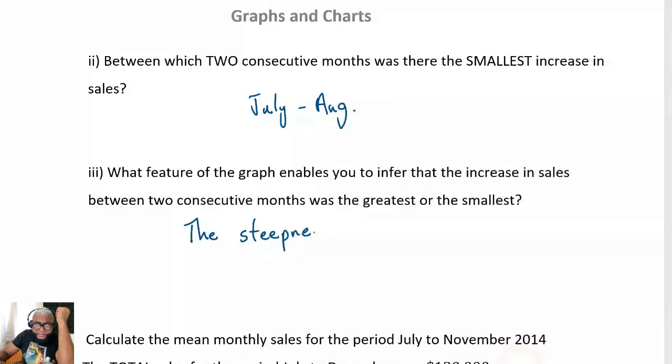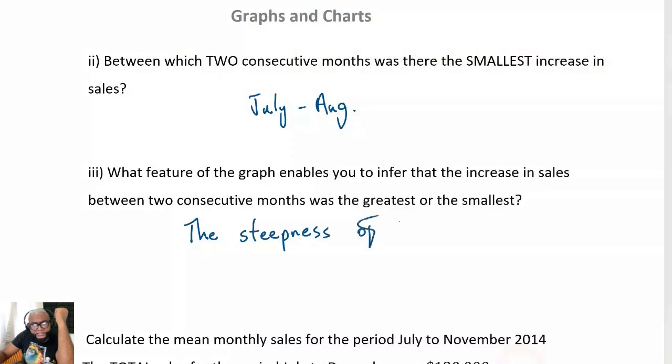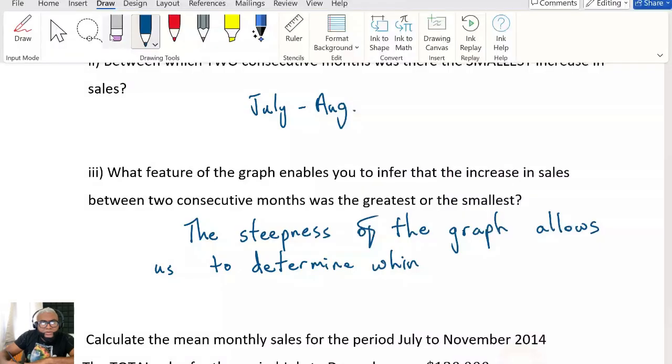Steepness is EE or EA? I guess EA. Right, the steepness of the graph allows us to determine which increase was greater.